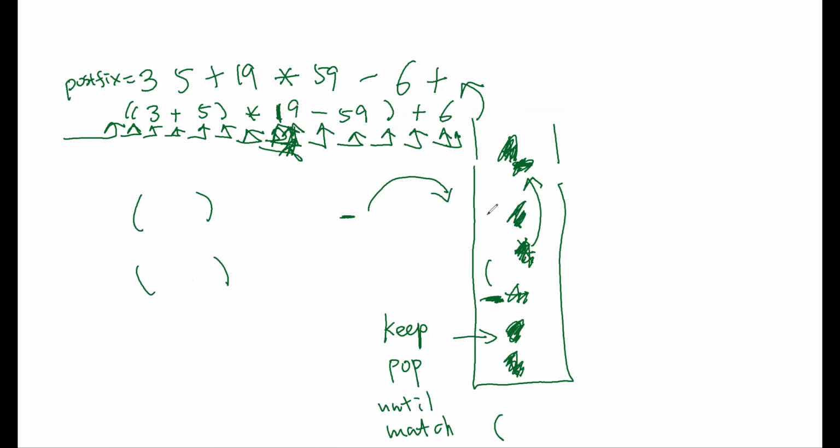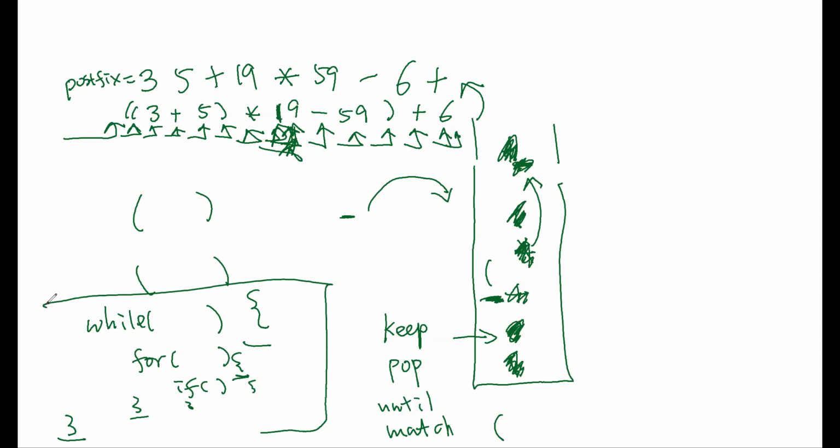So basically, whenever we write our program, you have a while loop and then the parentheses, and then maybe in it you have another for loop, and then you have the matching curly brackets, and then in it you have an if, then you have the matching one. Just think about our compiler.